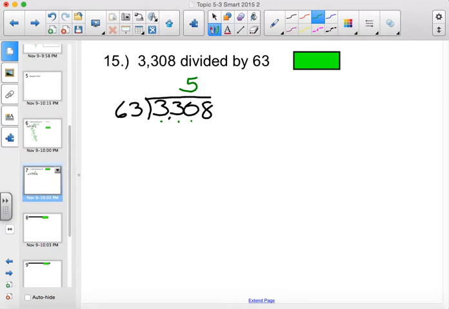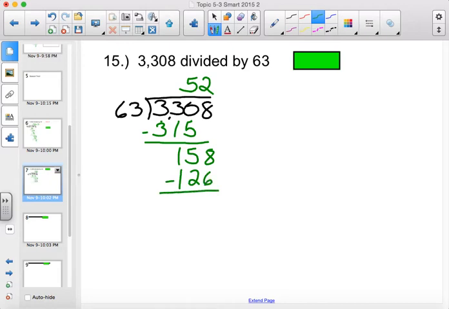5 times 63 is 315. When we subtract, we get a partial remainder of 15, which is less than 63, and it tells us we're good to bring down the 8. 158 divided by 63. 63 will go into 158 evenly 2 times. 2 times 63 is 126.